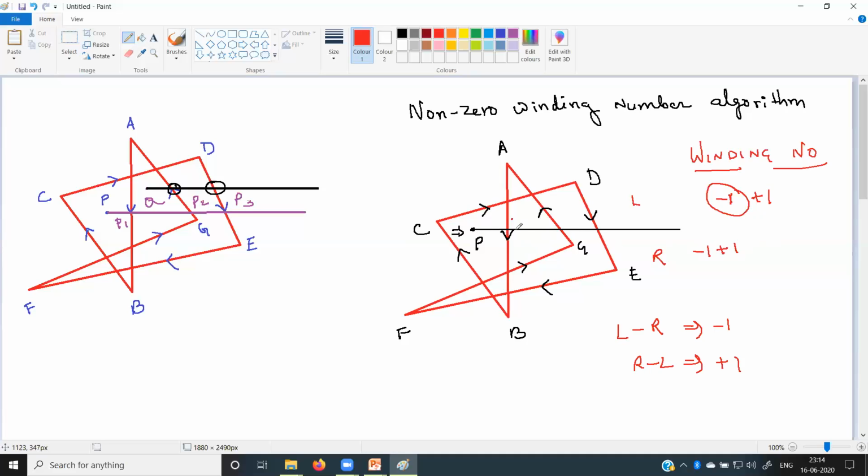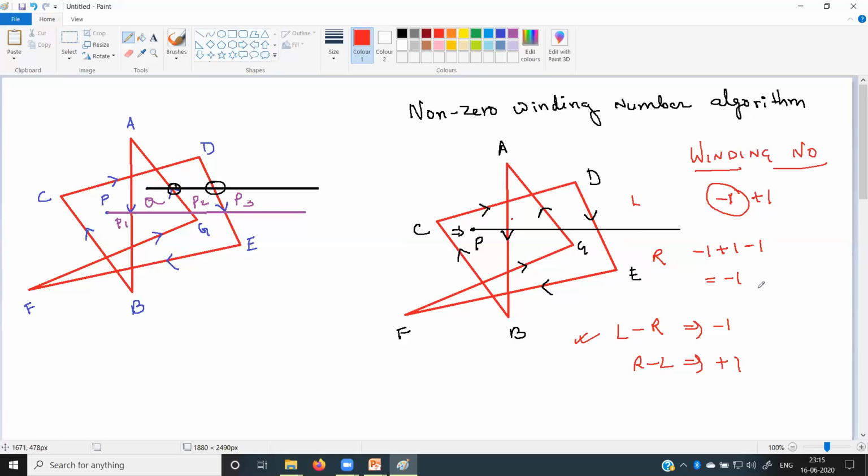Now you can see this same line intersects the HDE. While it intersects the HDE, you can see the arrow from left to right. And what is the rule? If the arrow is from left to right, then we have to add minus 1 with the number. After doing all those additions and subtractions, the value we get is minus 1.